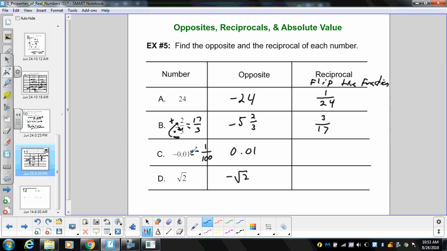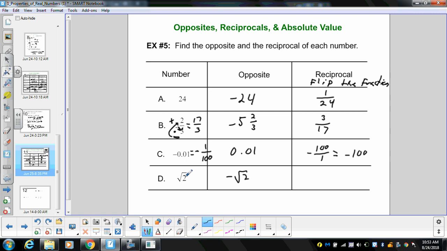So 0.01 is actually 1 over 100. If we wanted the reciprocal, we just flip the fraction, and now we've got negative 100 over 1. But do I need a 1 on the bottom? Your answer should be no. So you can simplify this, and it'll be negative 100.